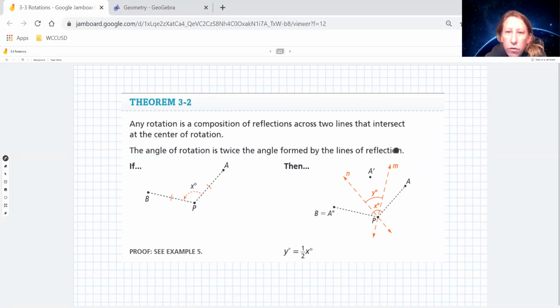Or you could reflect it over one line and then reflect it over another line. Those lines have to intersect at where the point of rotation would be. So what's happening here is A is being reflected over line M, and then A prime is being reflected over line N, and it's going to land at the same spot. It's kind of interesting.